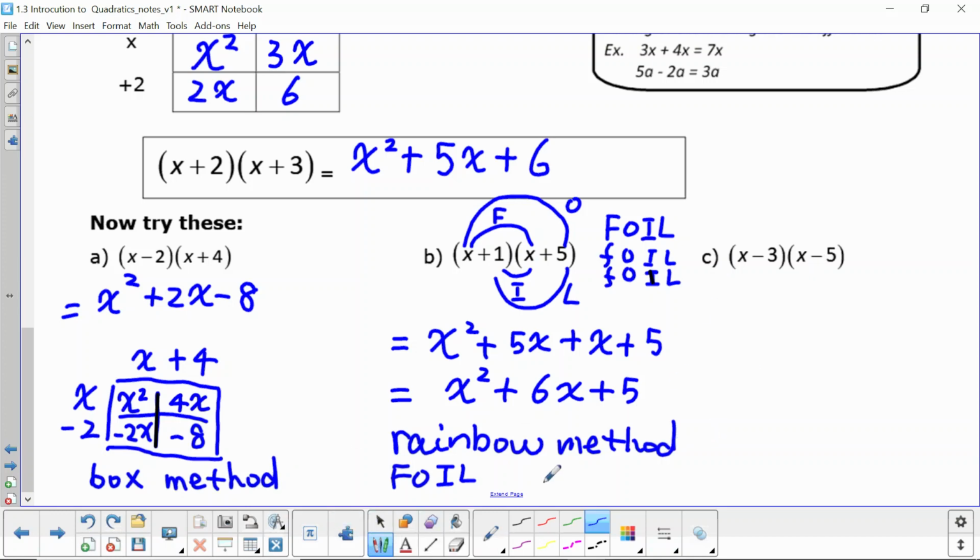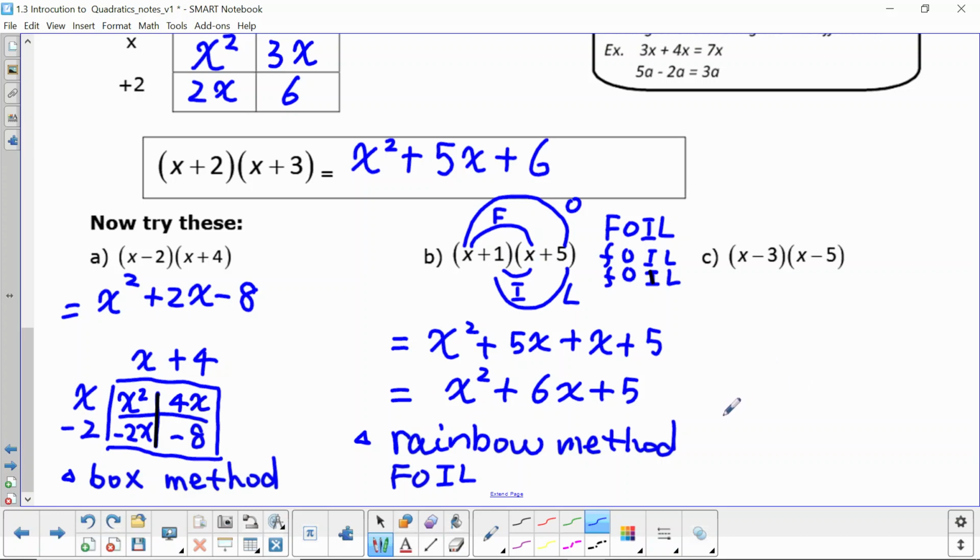The next one, try it by yourself. Pause the video and pick one of these two methods. Either use the box method or the rainbow method. You don't need to know both of them. As long as you have the final answer correct, then it's okay.